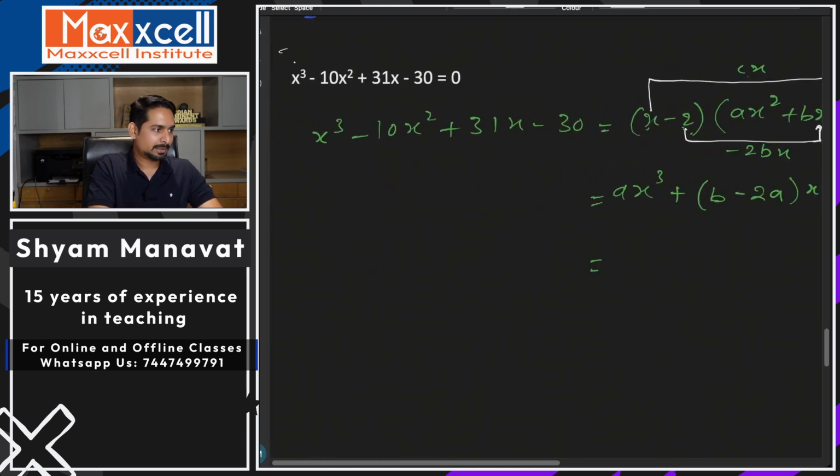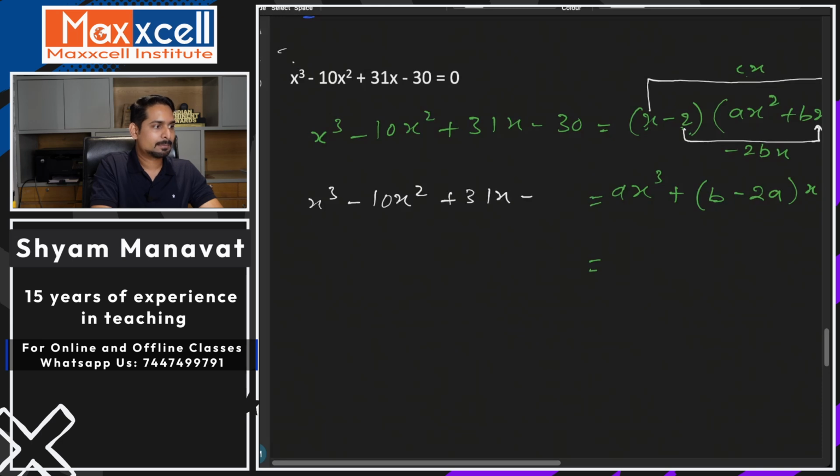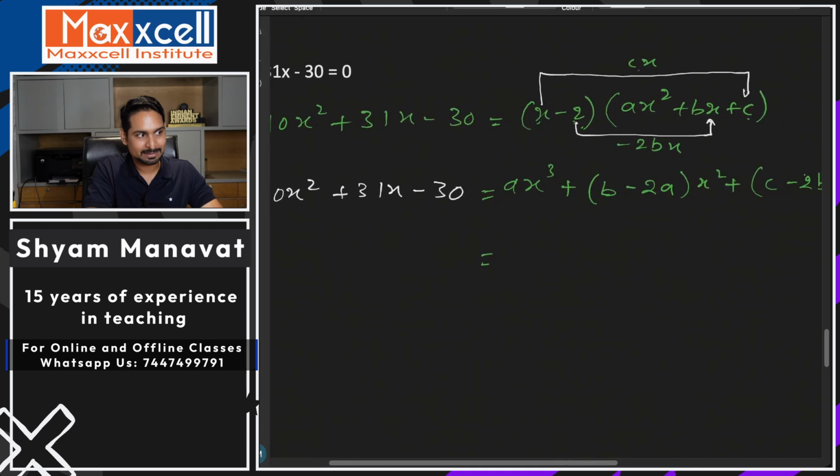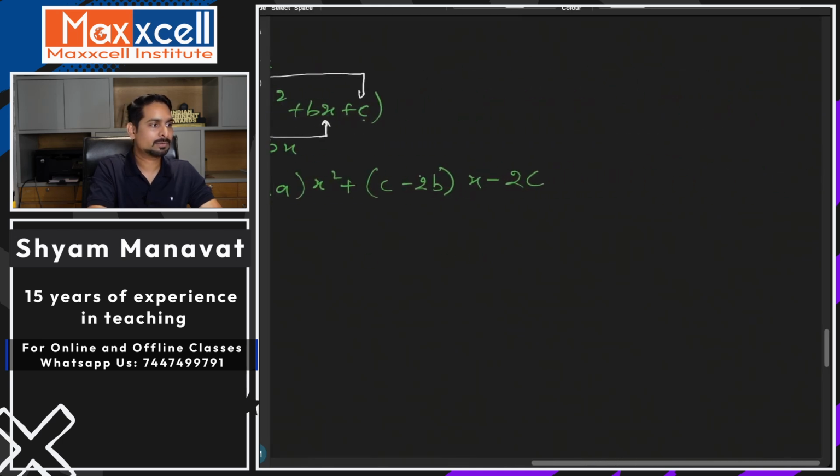Now let's equate the coefficients. Here you got x cube minus 10x square plus 31x. I leave the decision with you whether you find this method easy, or you can go with the other method.